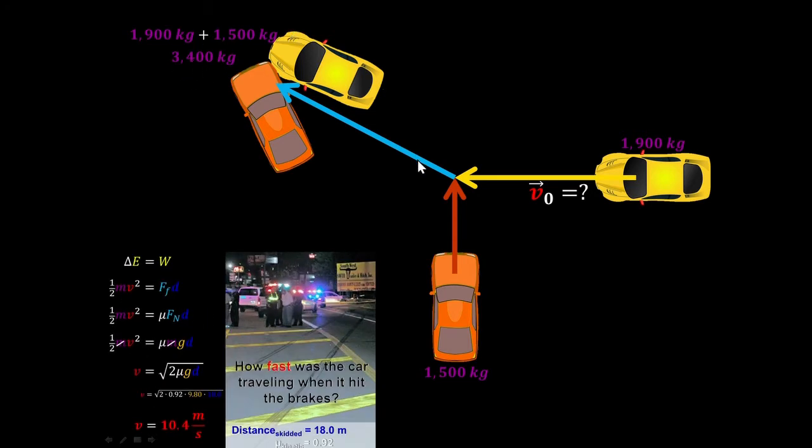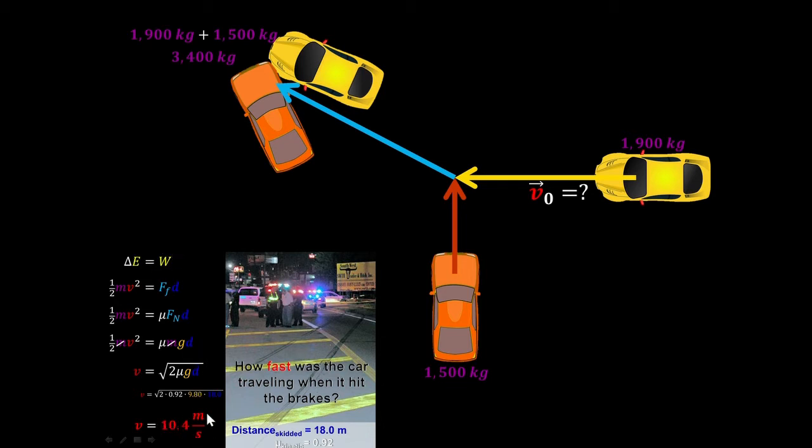Now, we remember when we were doing conservation of energy, we did an example where you could measure the length of skid marks and determine how fast that car was going when it first slid. And that was the work: the change in the kinetic energy would equal the work done.